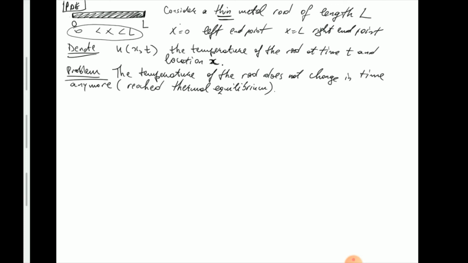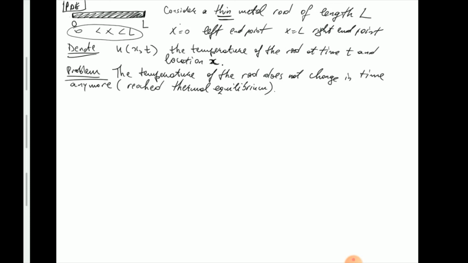Now notice that's not to say that the temperature is the same at each location. We just say that at some point in time, because of some conditions that I impose around the rod, imagine there are little devices around the rod that add or remove heat exchange with the external medium, so that in time along the rod there is no change in temperature. So there are some heating or cooling devices that keep everything in check so that the temperature doesn't change anymore. This is also called the steady state temperature. We'll get to that later.